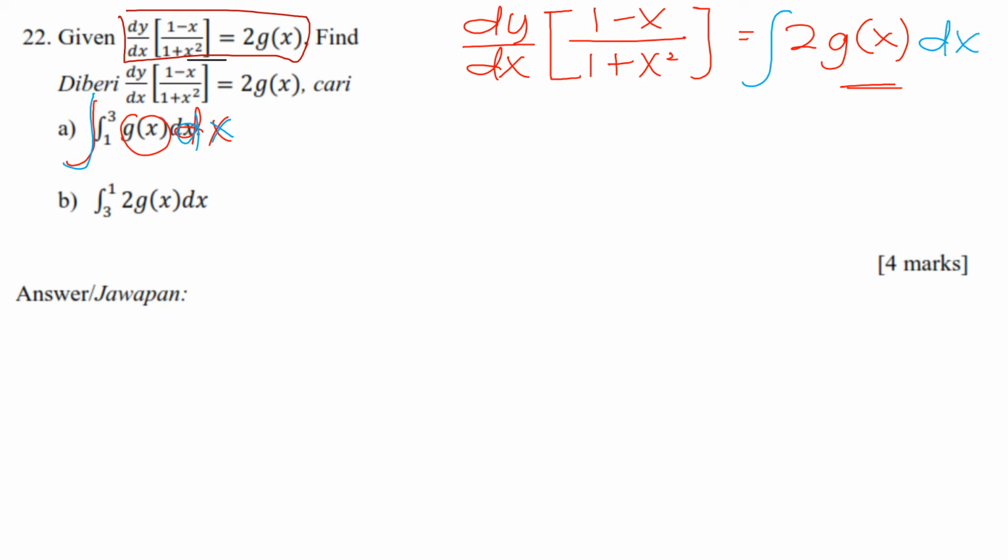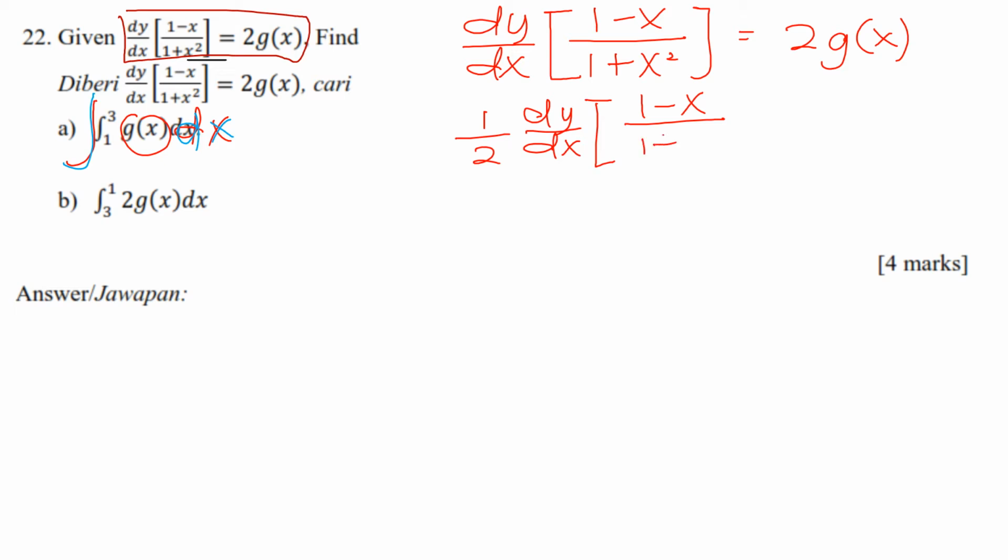Or maybe you may want to see the g(x) only. So you divide the whole equation by 2. Then you shall get this in red color: 1 over 2 dy over dx, the square bracket 1 minus x over 1 plus x squared, equals to g(x).